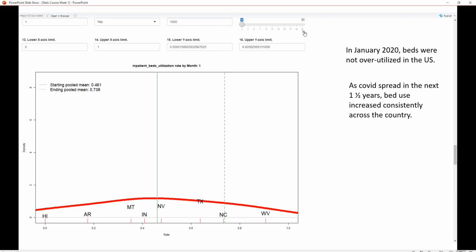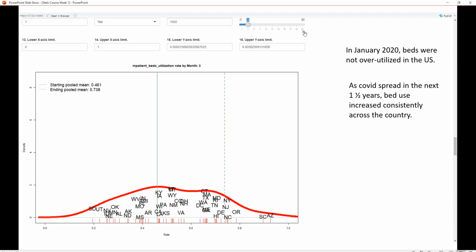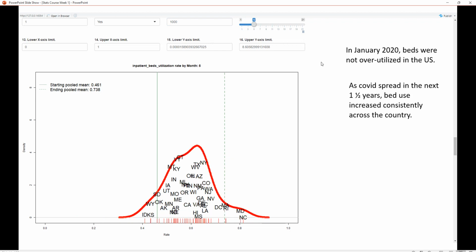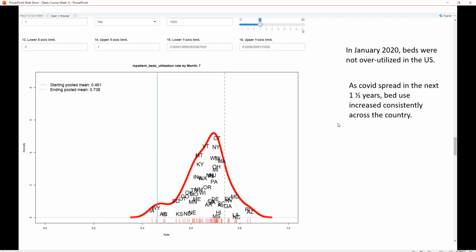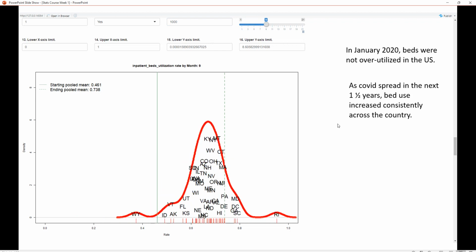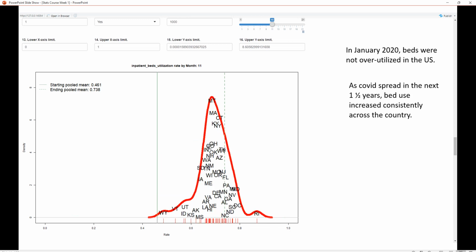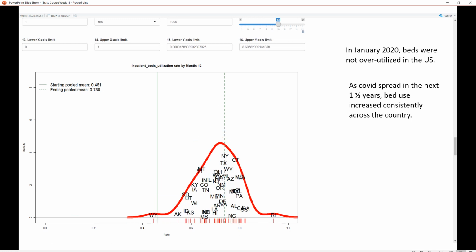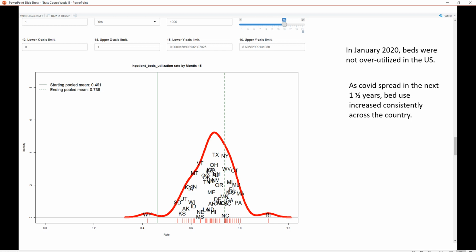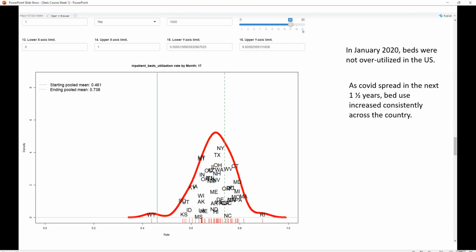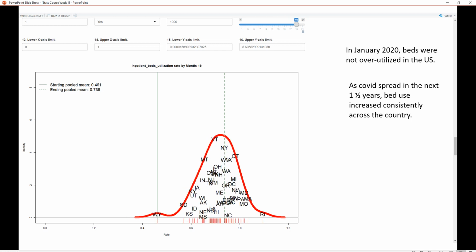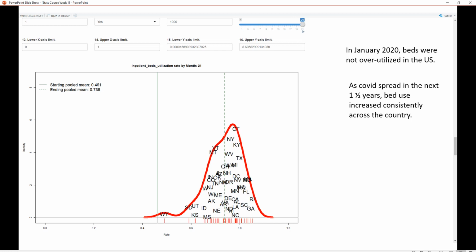So these are density plots, and the purpose of this is that it allows you to show changes in that distribution over time. We can see that we would find these changes over time significant and substantial.